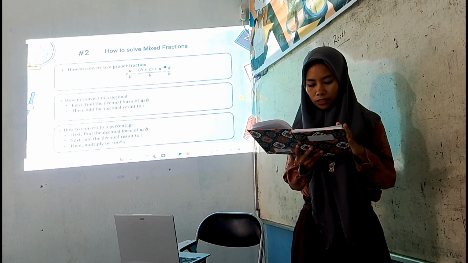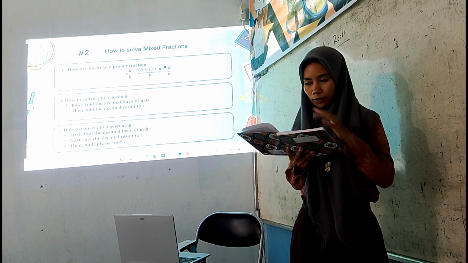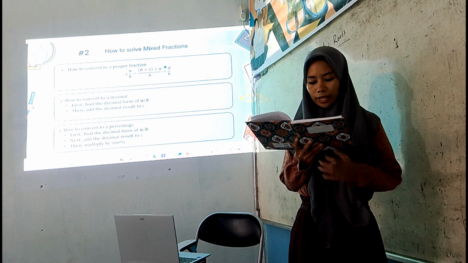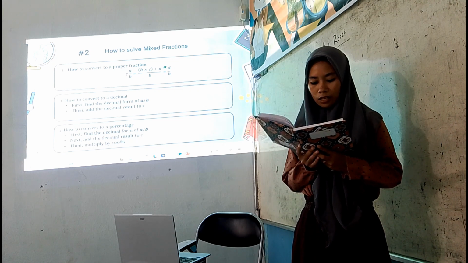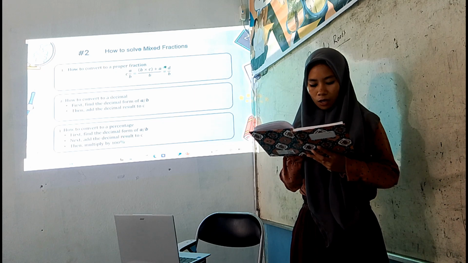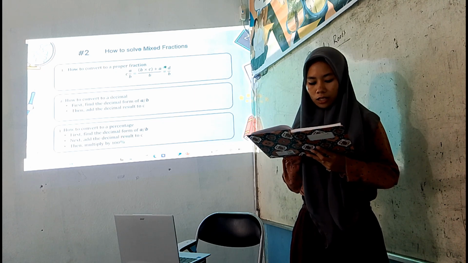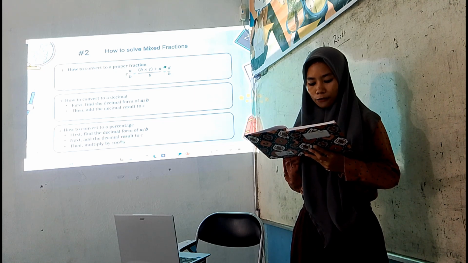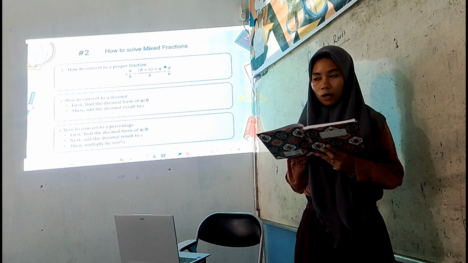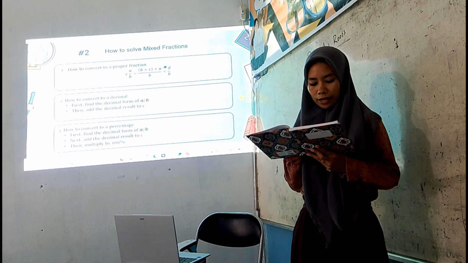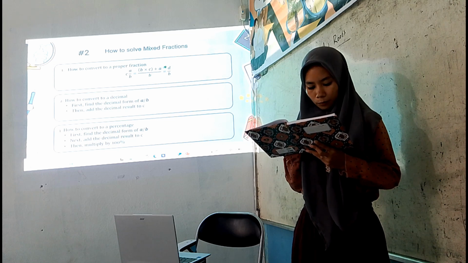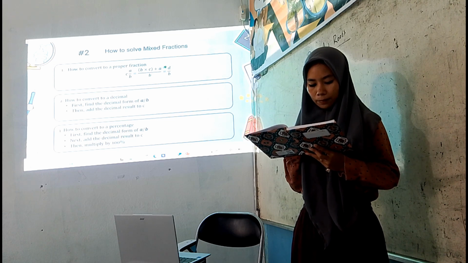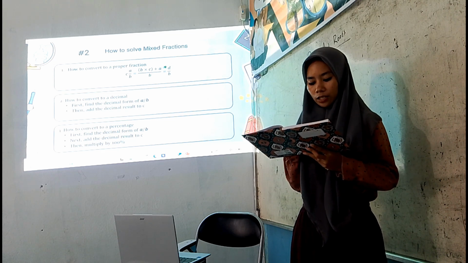First, find the decimal form of A over B, then add the decimal to C. Number 3, how to convert to a percentage. First, find the decimal form of A over B, next add the decimal to C, then multiply by 100%.